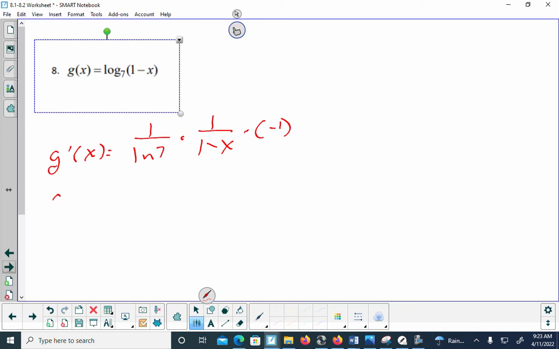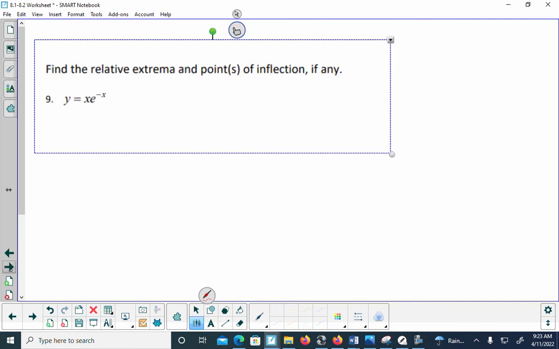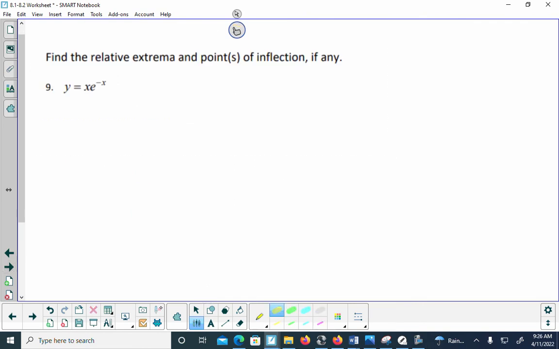When I simplify that, I'm going to have negative 1 over 1 minus x times the natural log of 7. Doesn't matter where you write it, just as long as I know that you won't take the natural log of 7.